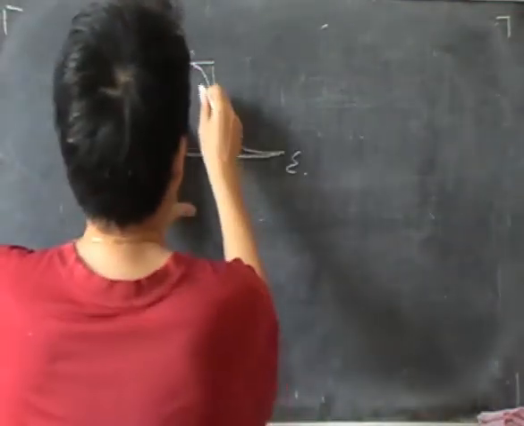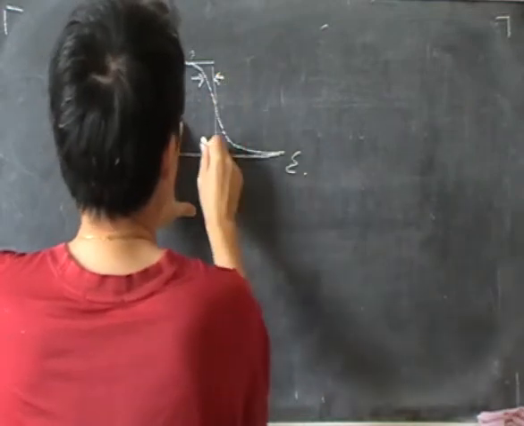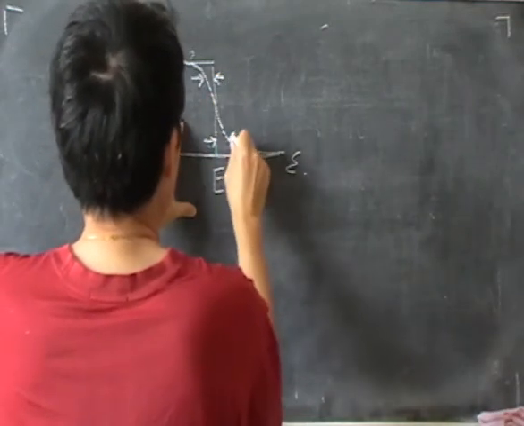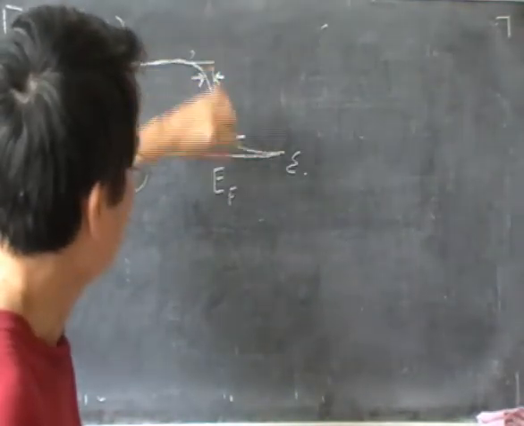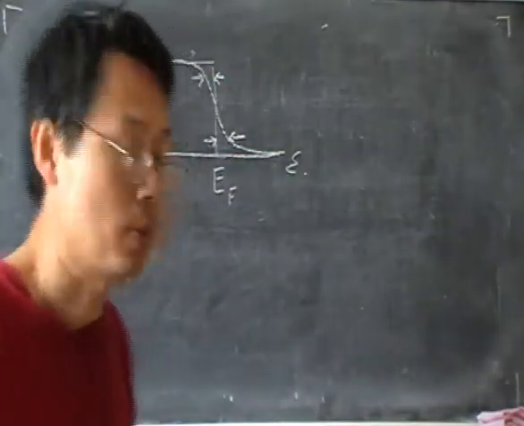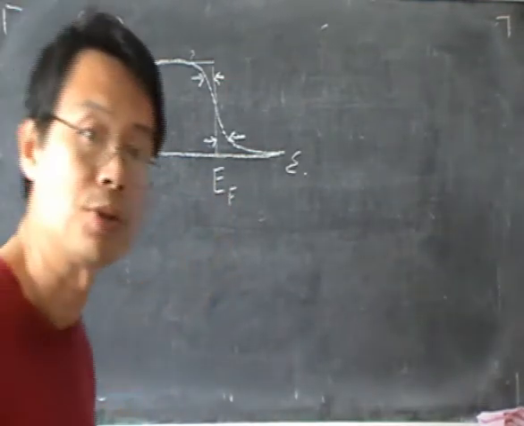Meaning that if I think about the width of this region, here and here, we're going to assume that the width here is quite small, say compared to the Fermi energy.